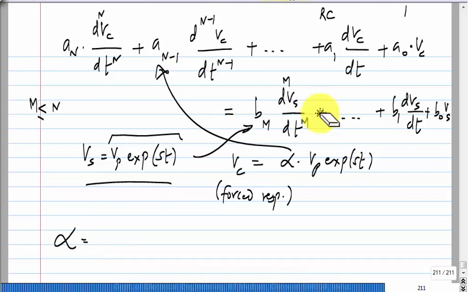Or maybe I shouldn't call it alpha, I will use the normal notation, some h. What will it be? Please calculate it and tell me what h is.